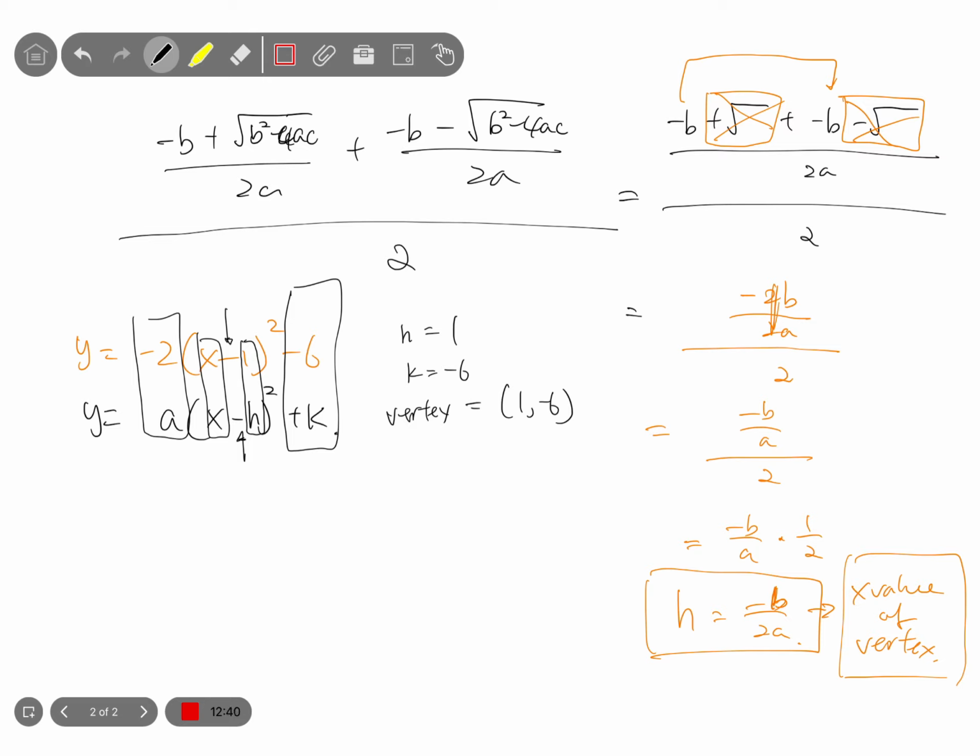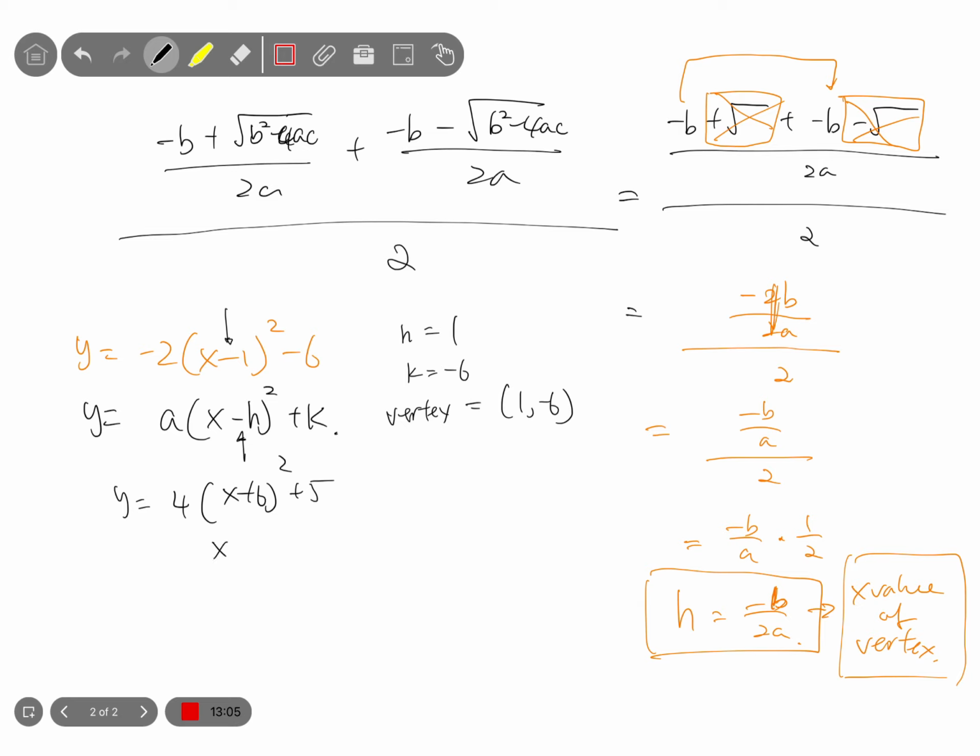All right. Now, second problem, you have y equal 4 parentheses x plus 6 squared plus 5. So I think in this case, notice, instead of x minus h, you got x plus 6. So you need to treat the x plus 6 as x minus a negative 6.